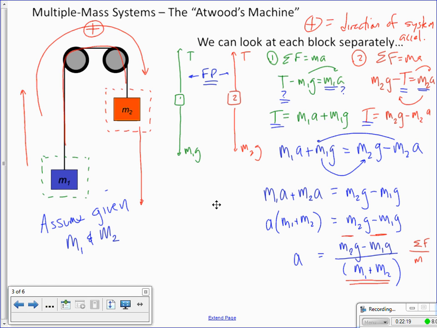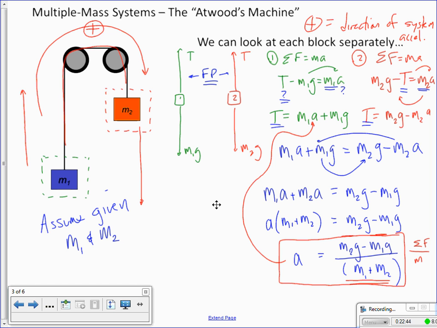Okay, so we can go through this two-unknown approach to find an expression for the acceleration of the system. We could then plug that back into either one of these expressions, the green or the red here, and figure out what the tension on the string is. That's a pain of a way to do it.